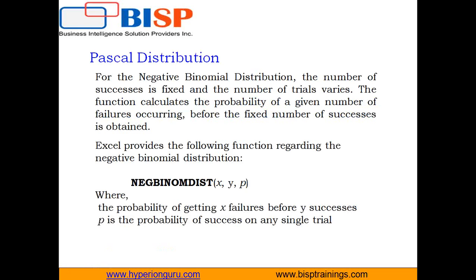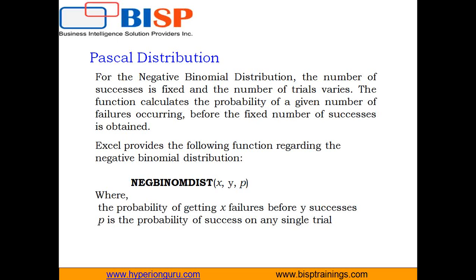In probability theory and statistics, the negative binomial distribution is a discrete probability distribution of the number of successes in a sequence of Bernoulli trials before a specified number of failures occur.